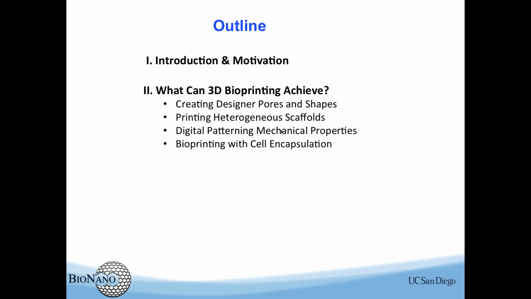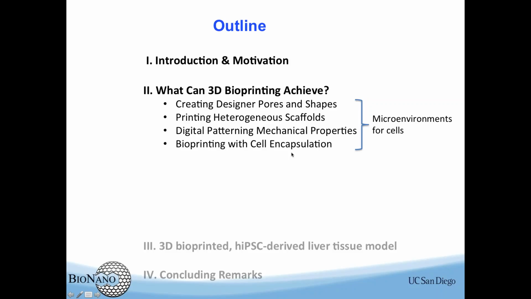And then the last part of this capability is about printing with cell encapsulation. So that really makes the name of bioprinting. You can print the cells with the gel, so the material you are creating is a live piece. So from a research point of view, we use all these different controls, mechanical, chemical, physical, and biological function, to study cell interaction with the microenvironments.